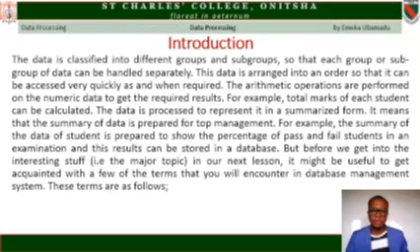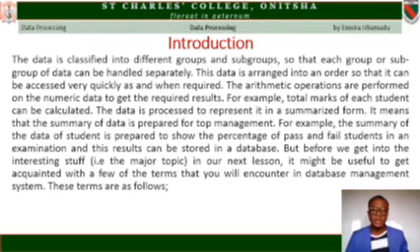For example, total marks of each student can be calculated. The data is processed to represent it in a summarized form. It means that the summary of data is prepared for top management. For example, the summary of the data of students is prepared to show the percentage of pass and fail students in an examination, and this result can be stored in a database.